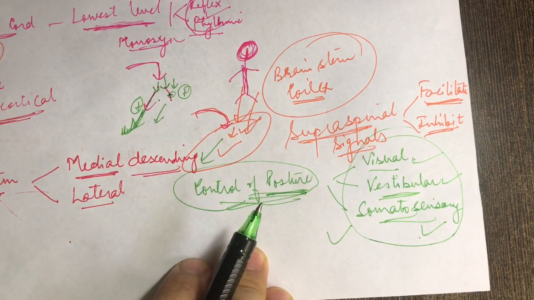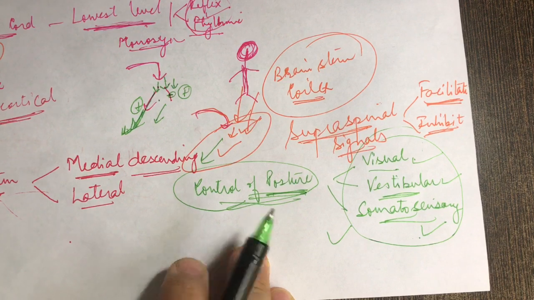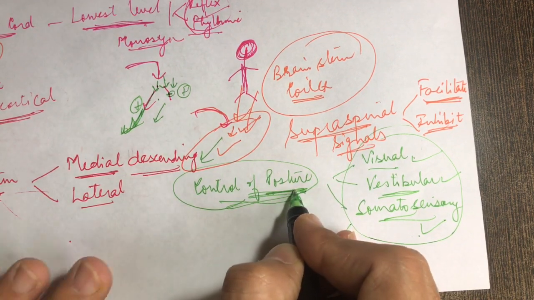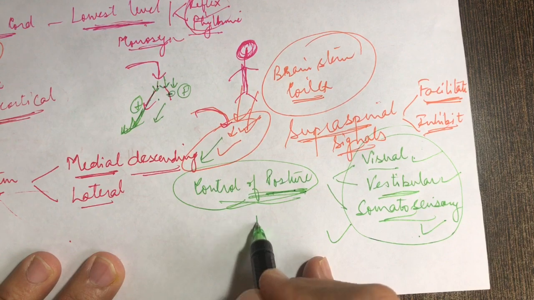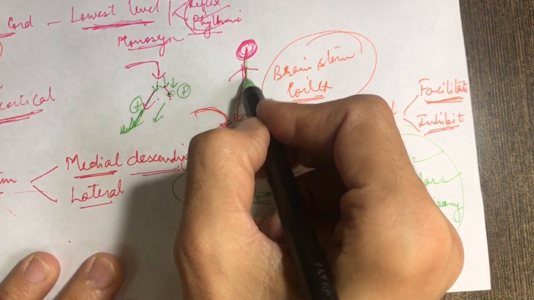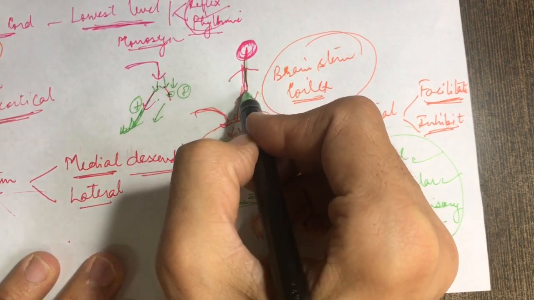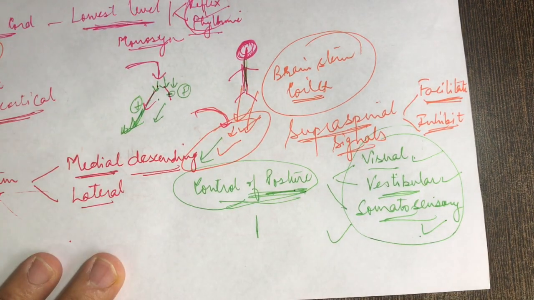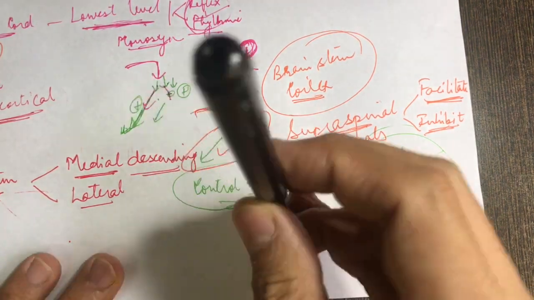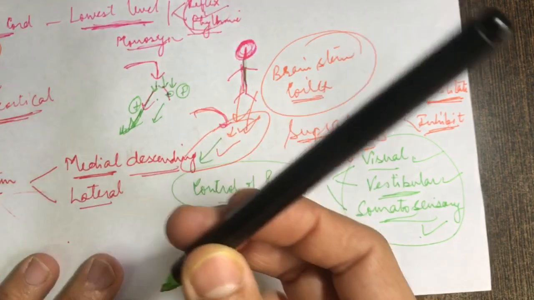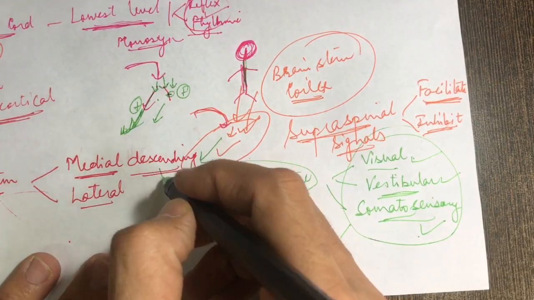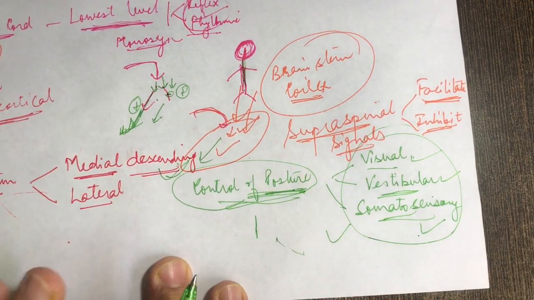Now, if posture is maintained, what does it mean? Posture is maintained with the axial system, right? The axis of the skeletal body, like the spinal cord. So the paraaxial muscles and all are mainly controlled by this medial descending pathway.